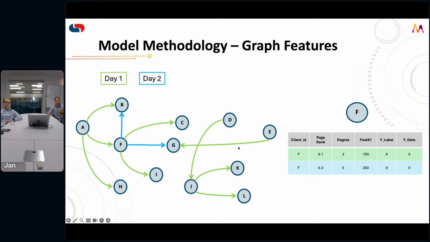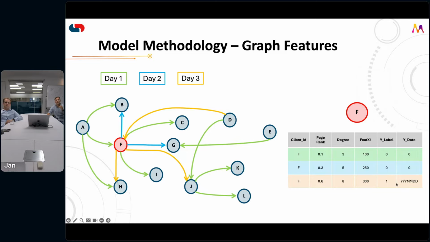Then on the third day, you suddenly see that it is fraudulent. Now, this fraud date must be represented as when that event occurred. And this is how graph features change every day when you persist them in your feature store.